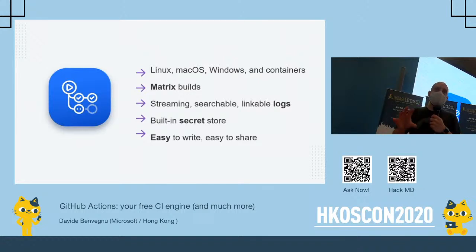Another cool feature is that you can also provide your own containers. If you create your own GitHub Actions, they can be written in JavaScript, for example, or be contained in a container. In that case, you can have any dependencies you need, anything you want installed in that container.